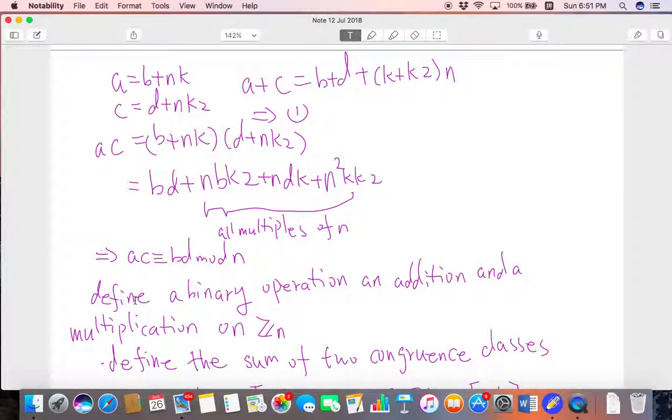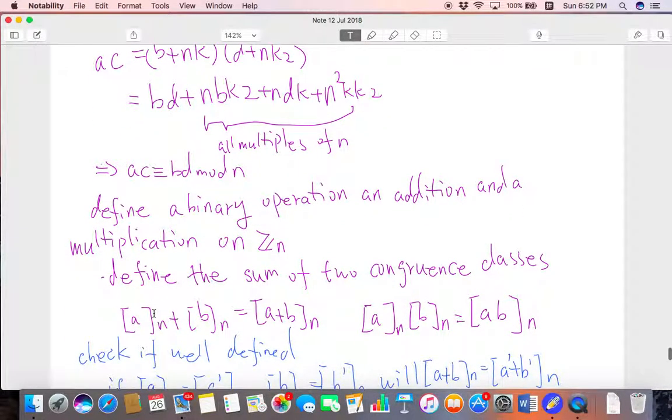And from this proposition, we are trying to define something new. We define a binary operation, addition and multiplication on Zn, such that we process the congruent classes as normal, just as we add two numbers or multiply two numbers, and you can expect what the outcome is.